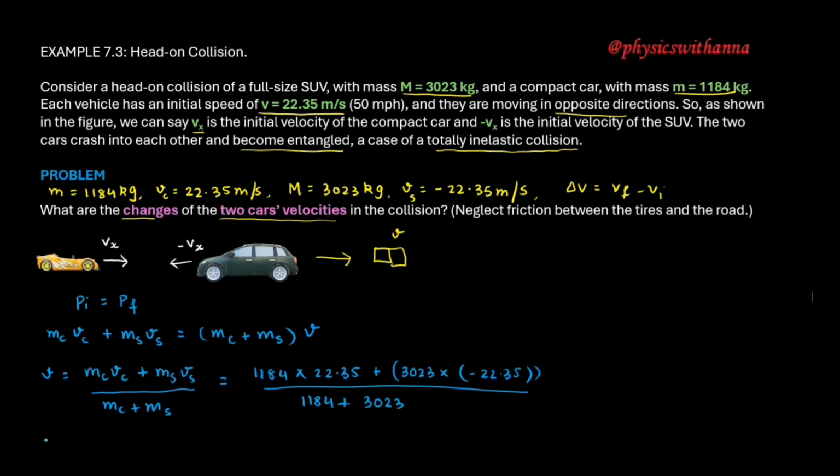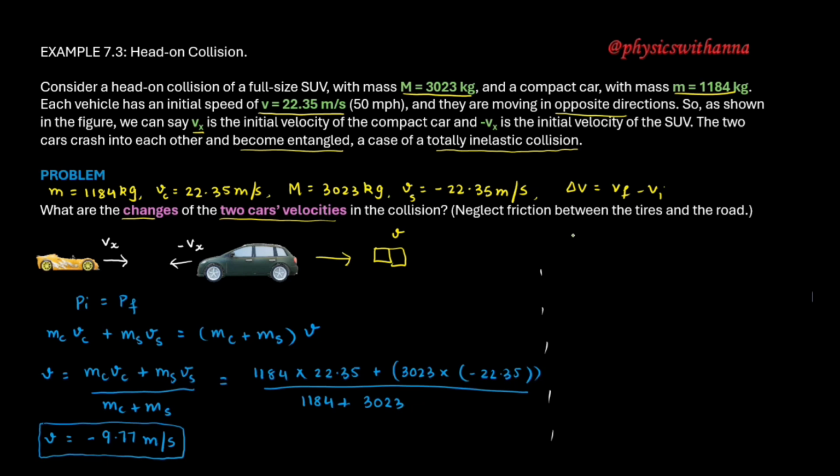And when you solve this, you get the final speed of both cars to be equal to negative 9.77 meter per second. The negative sign makes sense because the SUV has greater momentum and after collision they will continue to move in the direction of SUV.